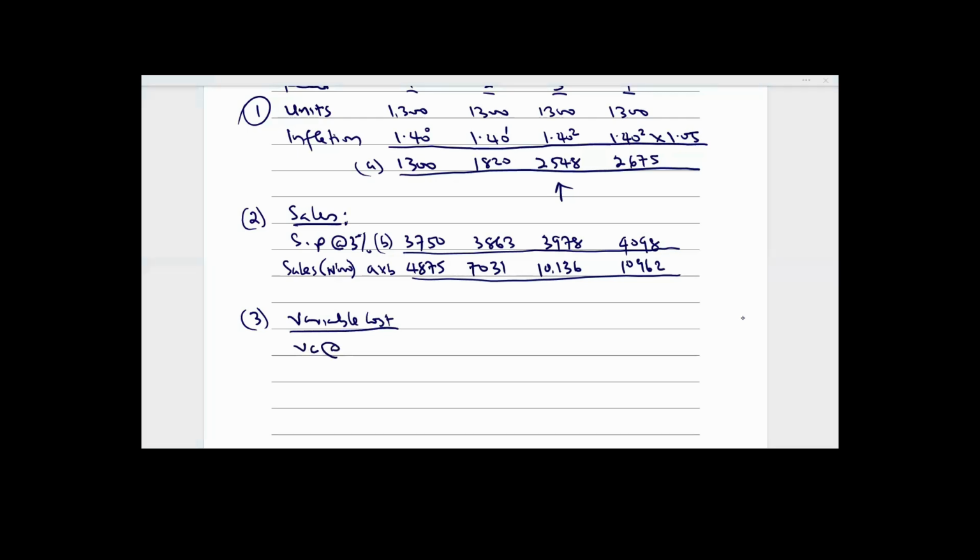What's the variable cost? After sales, we are told that in the first year, total variable cost per unit will be 1,800, but this will increase by 8% per year thereafter. So at 8% inflation, the first year price is 1,800. Therefore, 1.08 multiplied by 1,800 is 1,944.